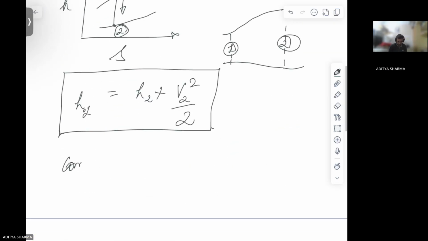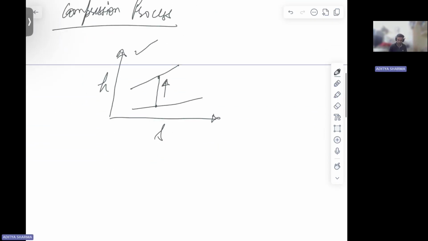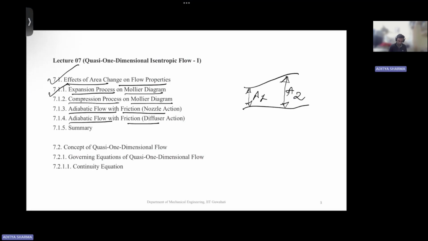In your compression process, the direction will be upwards, as your enthalpy is going to increase. So this is expansion and compression using your Mollier diagram.